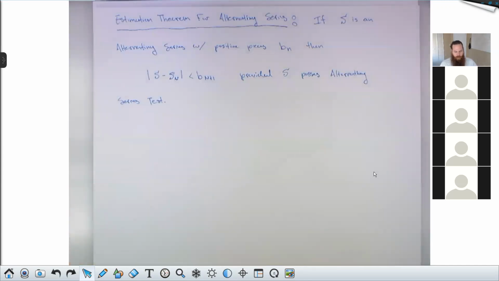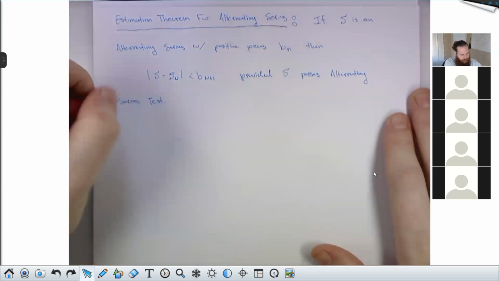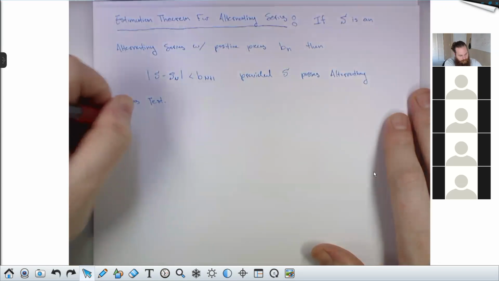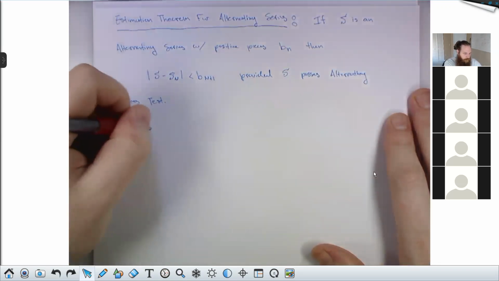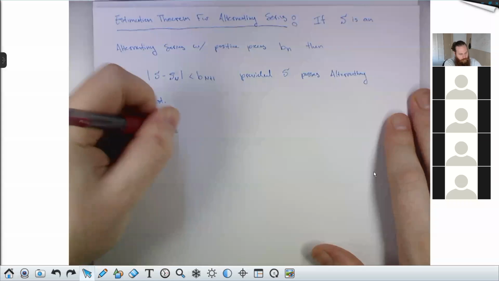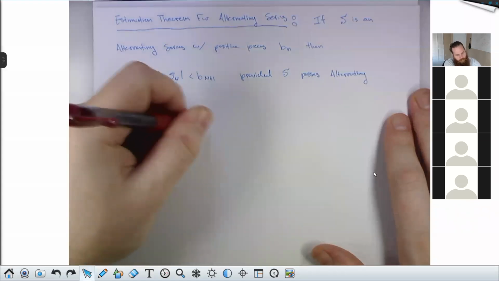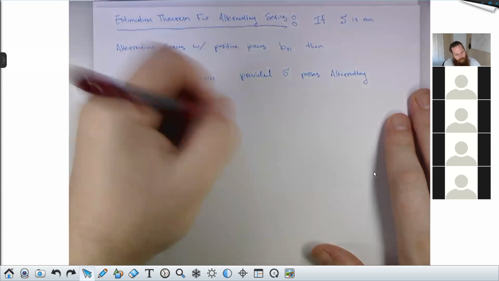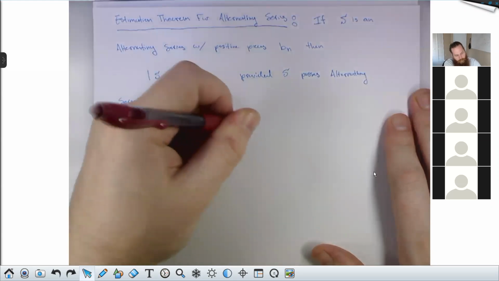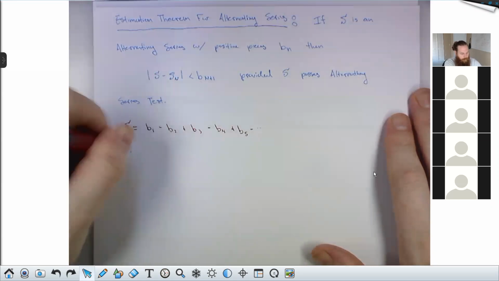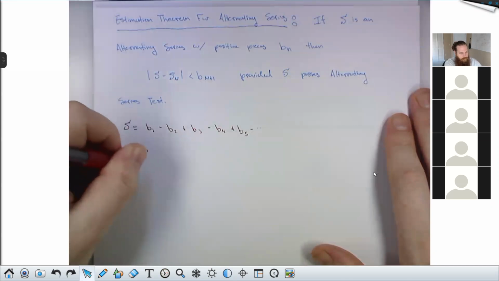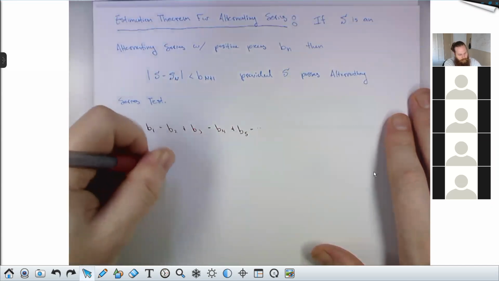And I want to explain that inequality a little bit. Remember here, S is the full series. I'm going to assume that it starts at B1. So it's B1 minus B2 plus B3 minus B4 plus B5 minus B6, etc. S1, the first partial sum is just B1. S2, the second partial sum is B1 minus B2.